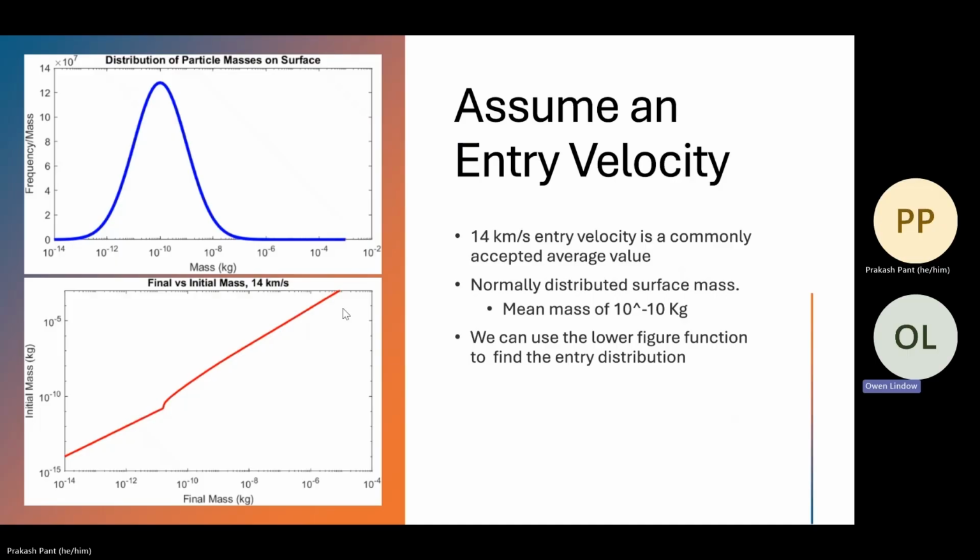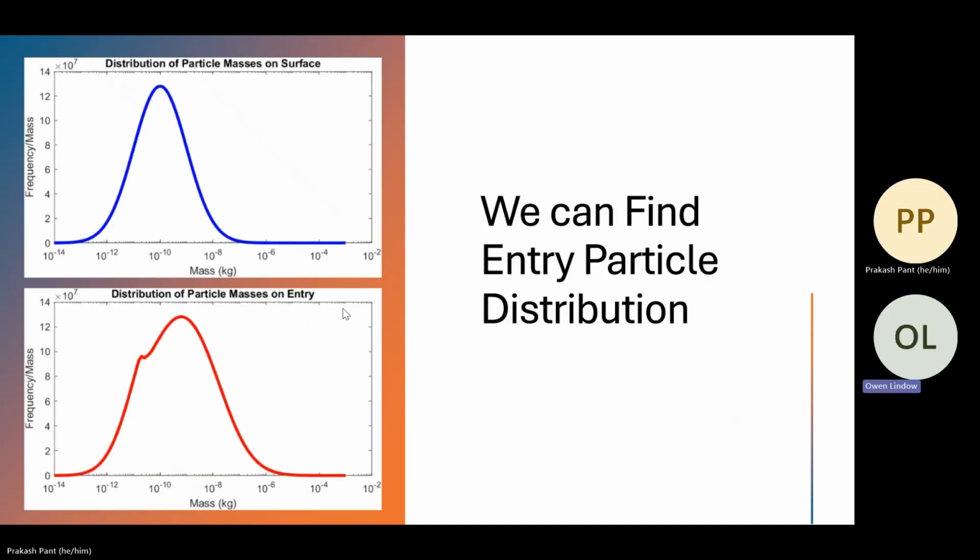So this upper plot is just a normal distribution of masses in some particles. It's not necessarily realistic, but it's just to illustrate what you could do. With a distribution like this, and with a relationship between final mass and initial mass for a 14 kilometer per second velocity, we're able to trace back essentially. So we have this plot of entry distribution of particle masses.